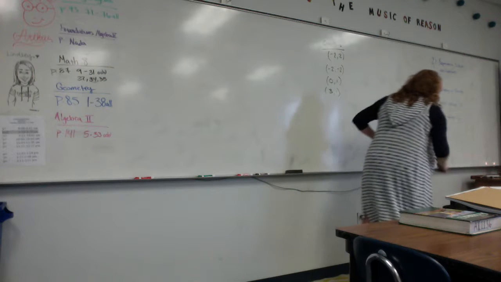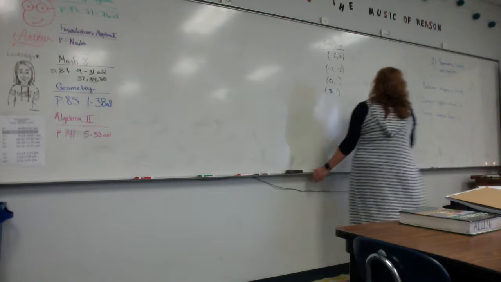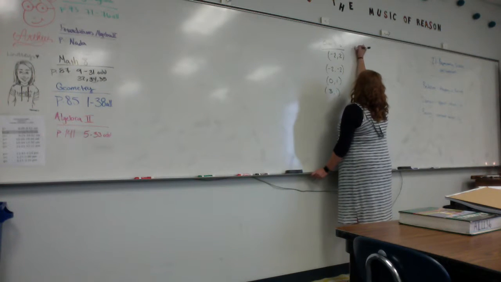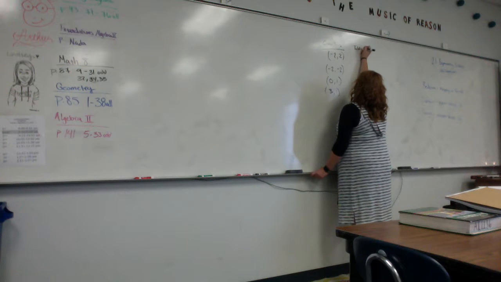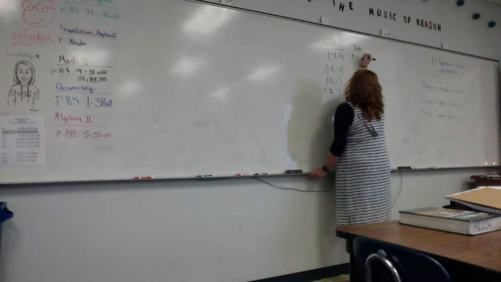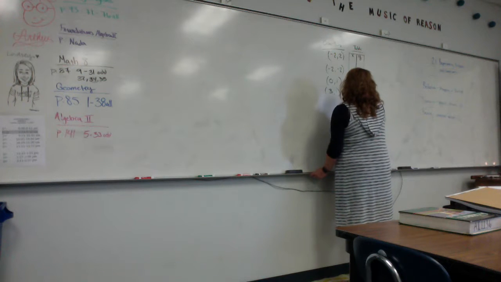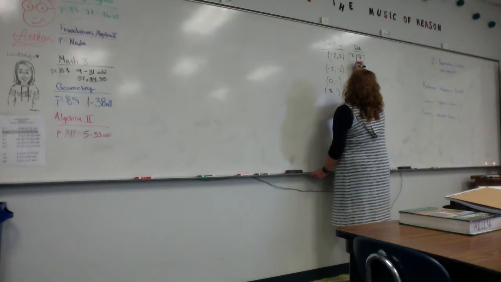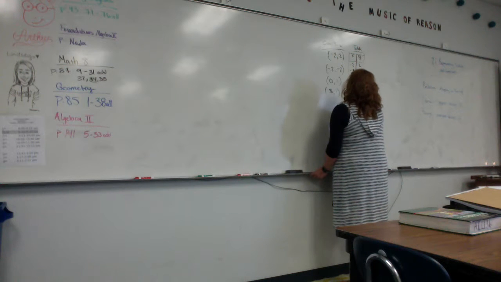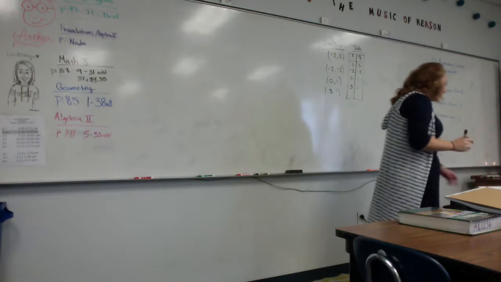And then we could always change it to table form. We're going to have to get used to all of these types of forms. If you have x, you have y. So -2, 2; -2, -2; 0, 1; and 3, 1. Okay, table form.